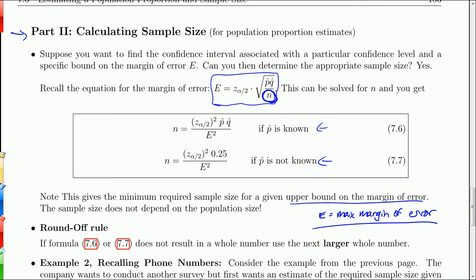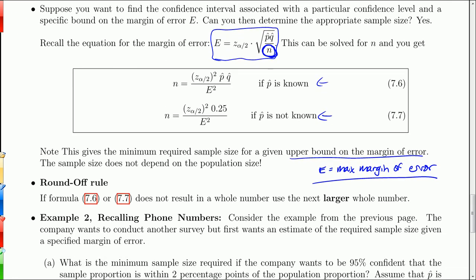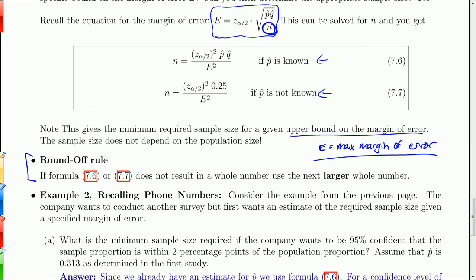There is no minimum percentage of the population required to get an accurate estimate in the sample. Okay, round off rule for sample size: next larger whole number. So if I get a decimal here, then I want to round up. Always round up.